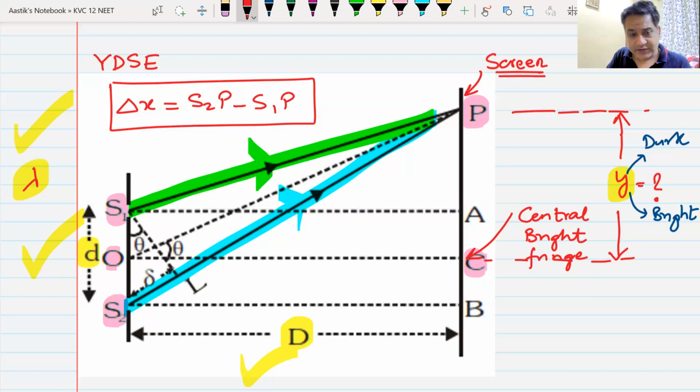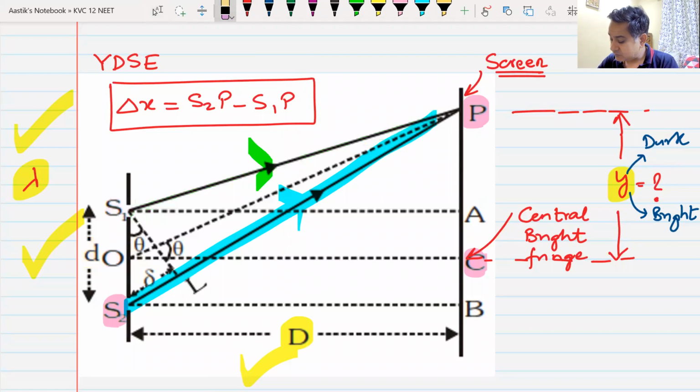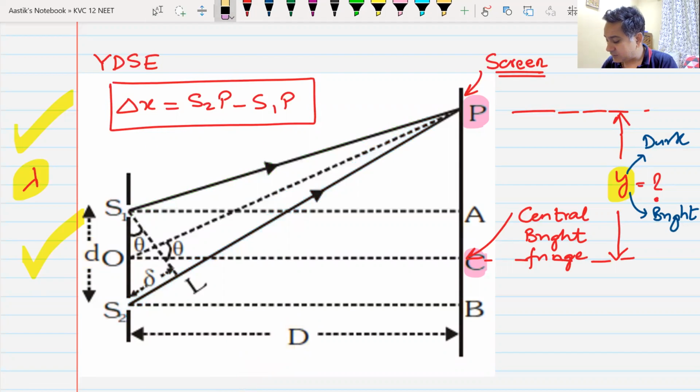So the only thing we need to understand here is that we have to find the value of S2P minus S1P. After this, it is all maths and approximation. Let me take this off so things look better. This was the original diagram.